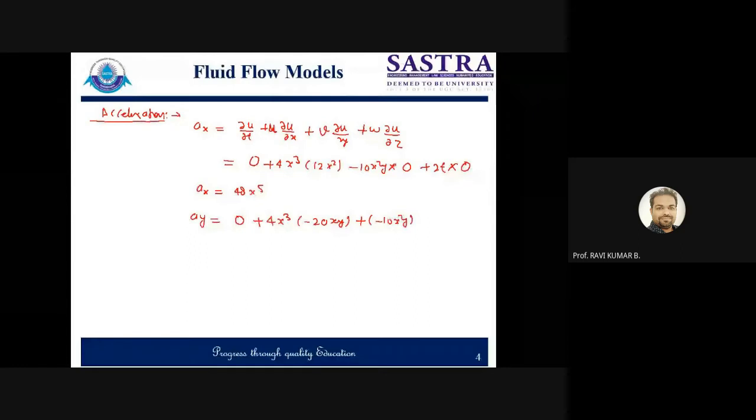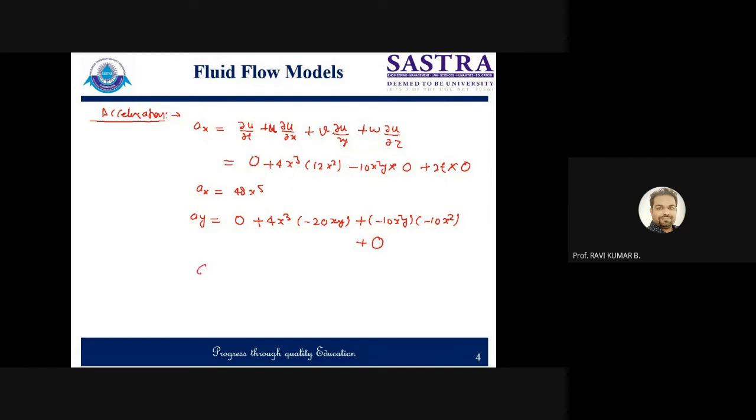Now ∂v/∂y, instead of ∂u/∂y here, because we are talking about ay now. ∂v/∂y, just look at this term, you will be getting minus 10 times x square. And the last term, do we have z in this? We don't have z. So the moment you put ∂v/∂z, you will get 0. So the last term is also 0. So just solve this out.